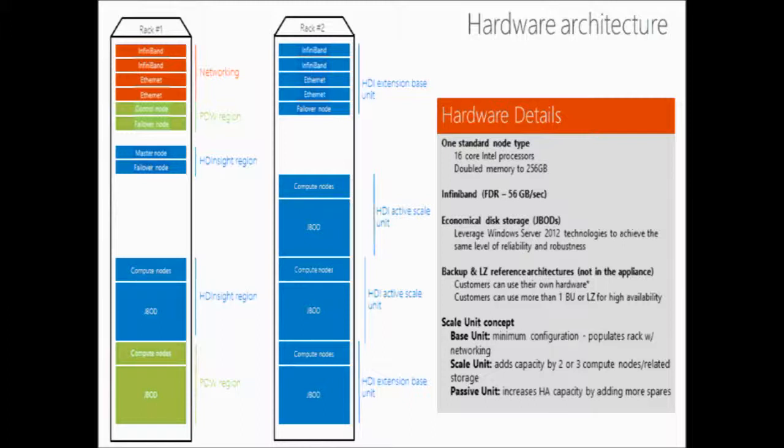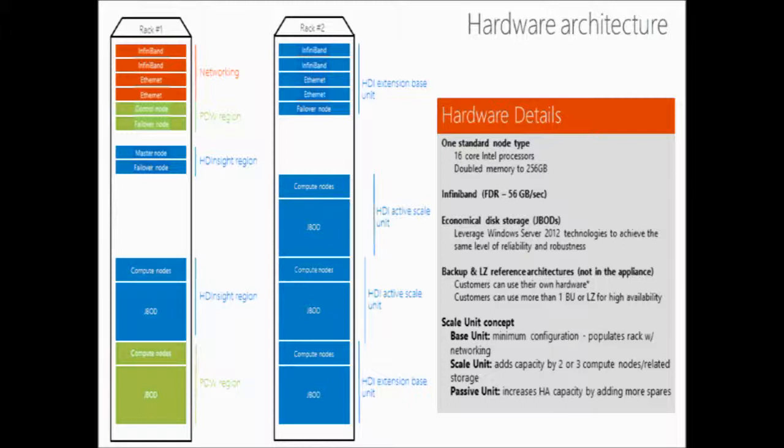If something happens to one of switch, another switch will continue on working. And we have 2 networks, InfiniBand and Ethernet. InfiniBand network is for data movement within the appliance, and Ethernet network is communication and control messaging within the appliance.